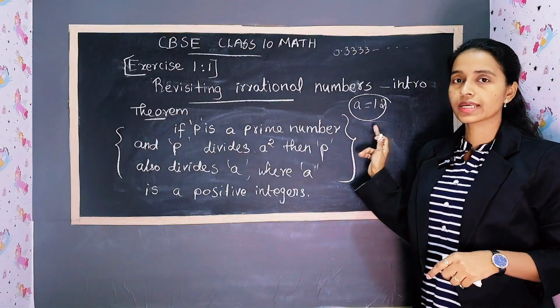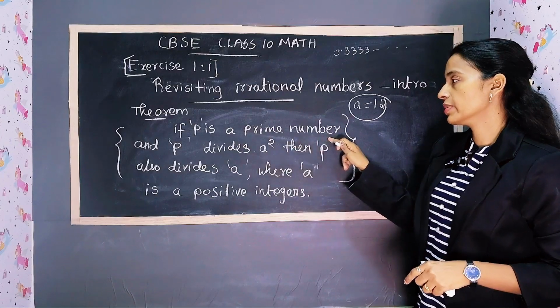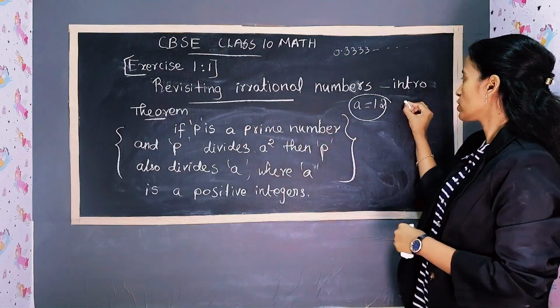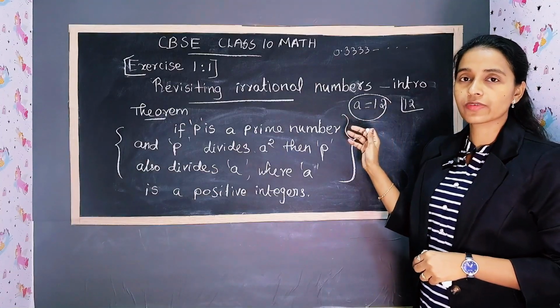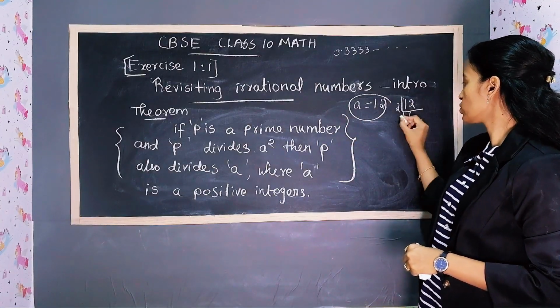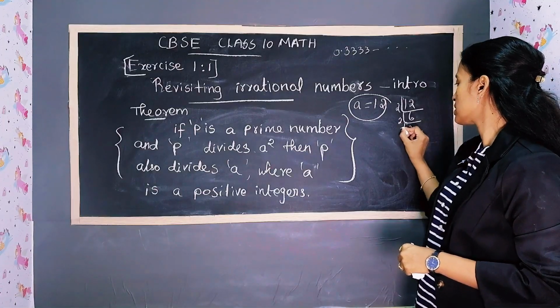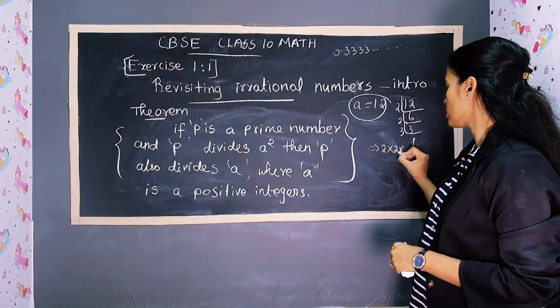Here I am taking a is 12. Prime number, I am going to find out the factors using the prime factorization method. 2 sixes are 12, 2 threes are 6, 3. So here I have the factors 1 into 2 into 3, right?